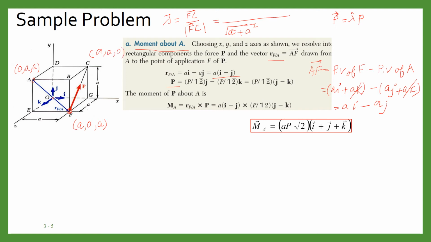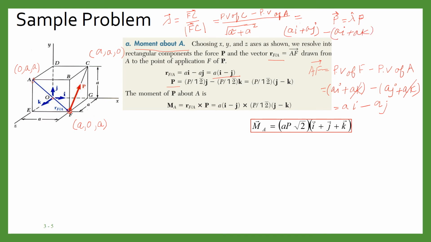Okay, so position vector of c minus position vector of a. So this will be equals to ai plus aj minus ai plus ak.